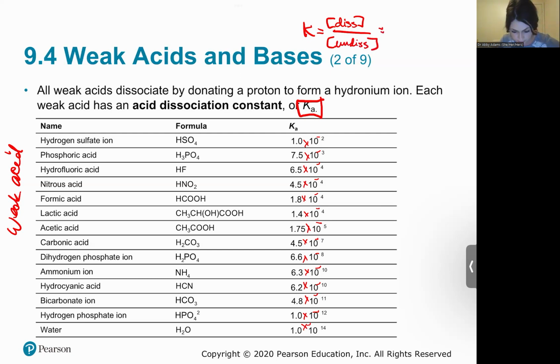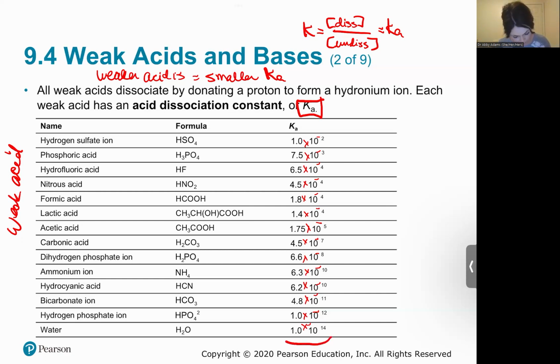All right, so that's the Ka. So the weaker it is, the weaker an acid is, that's going to be a smaller constant, a smaller Ka. Okay, so the stronger it is, you're going to have a greater Ka.